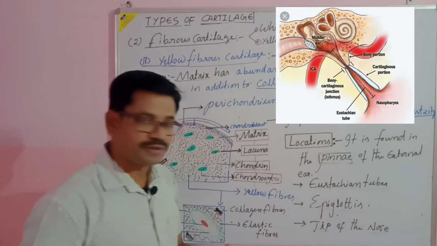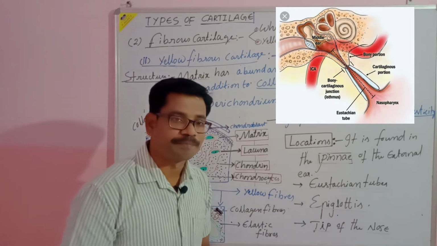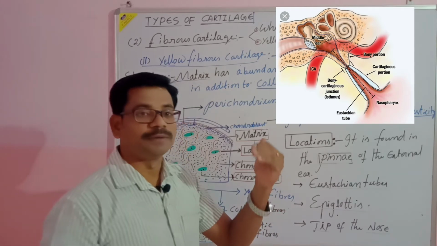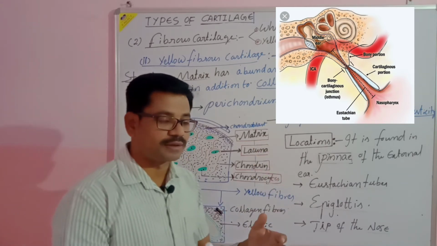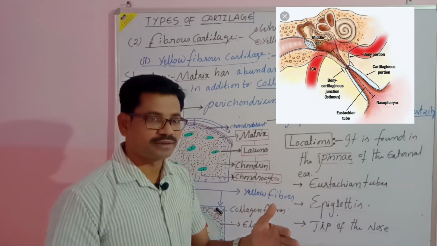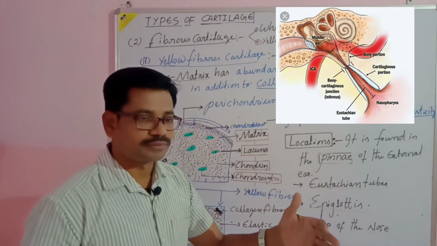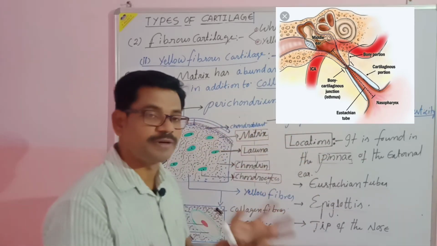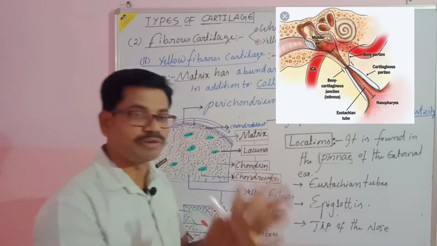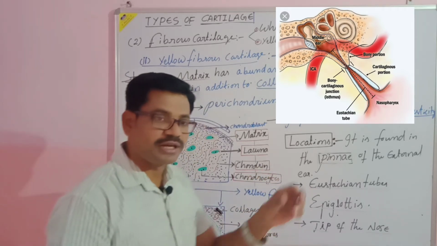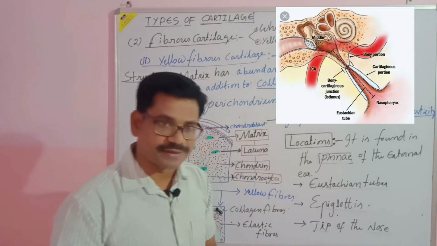The eustachian tube is the tube which connects the nasopharynx and middle ear. We know the human ear is divided into three parts: external ear, middle ear and internal ear. The middle ear is a completely air-filled space. This eustachian tube connects the middle ear with the nasopharynx.